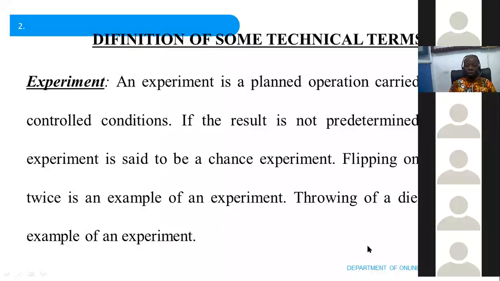If you throw a die, it's also an example of an experiment. Get that definition done, then we move on to another definition. Today, like I said earlier, we shall be taking definitions of certain terms so that we'll be familiar with all this as we move on.